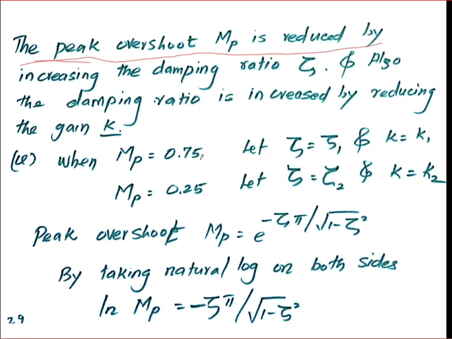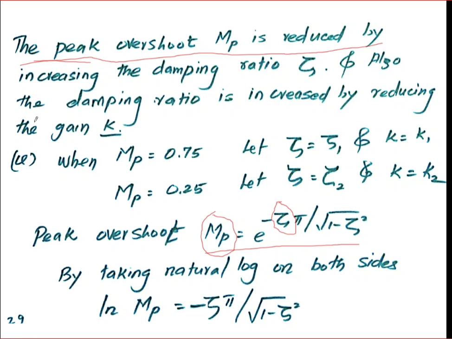We have a formula to find peak overshoot, that is Mp is equal to e to the power of minus zeta pi divided by square root of 1 minus zeta square. If you really want to decrease the value of peak overshoot Mp, then it is required to increase the value of zeta. If you increase the value of zeta, automatically the value of peak overshoot will reduce.